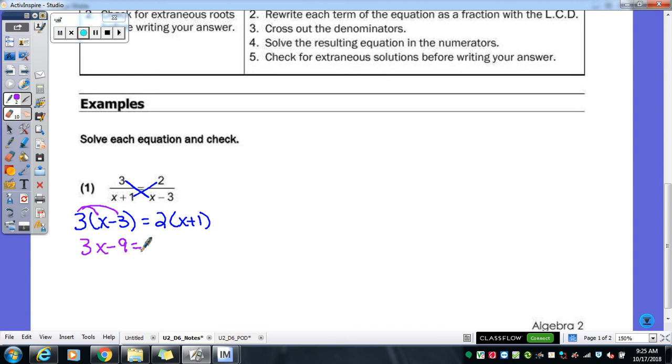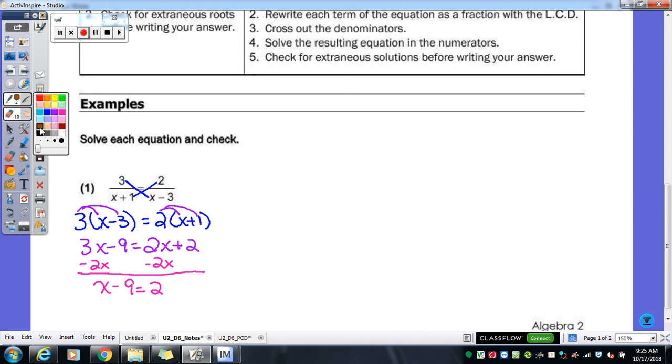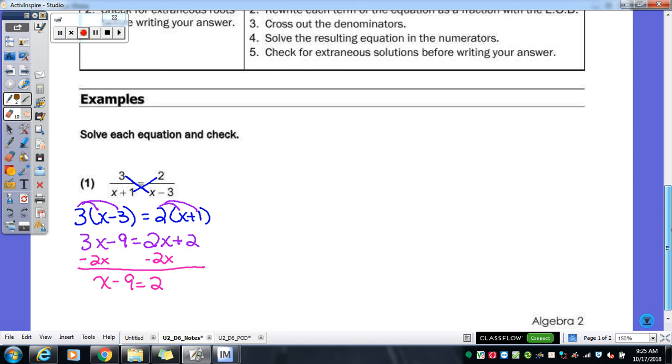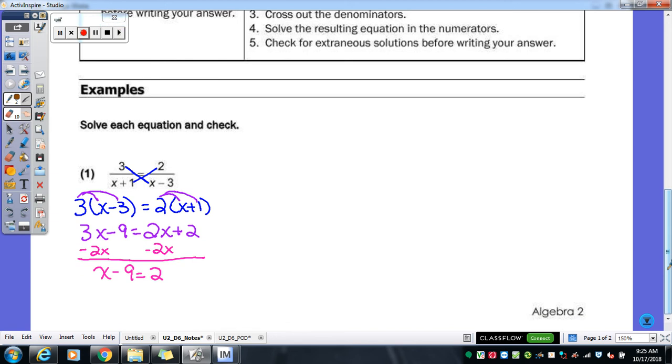Right side, I distribute my 2, and I get 2x plus 2. Let's get our x's together. So when I subtract my 2x over, I end up with x minus 9 equals 2. So in our last step, we'll add that 9 over.